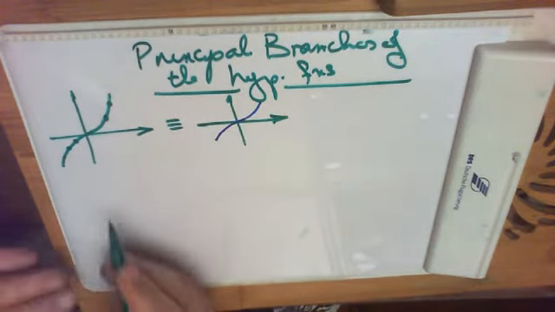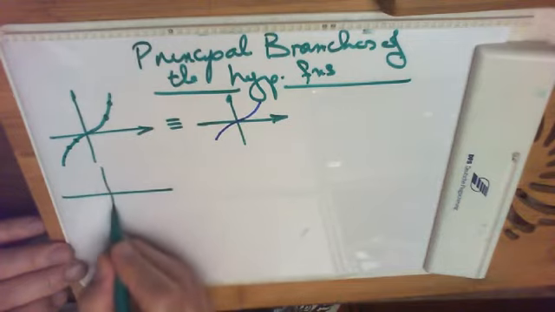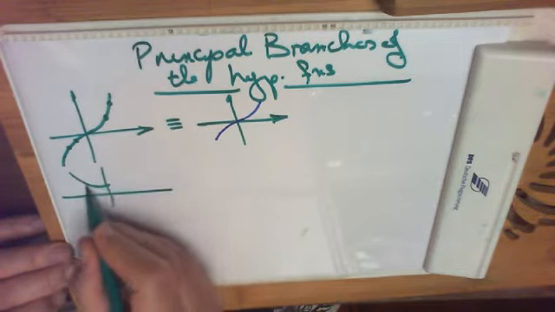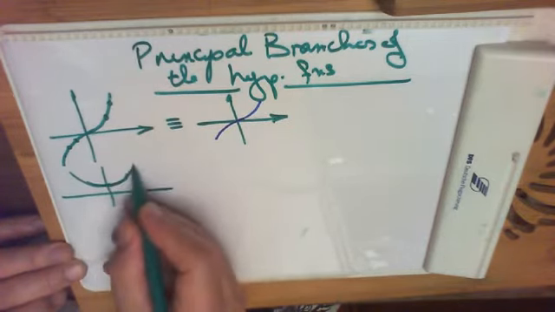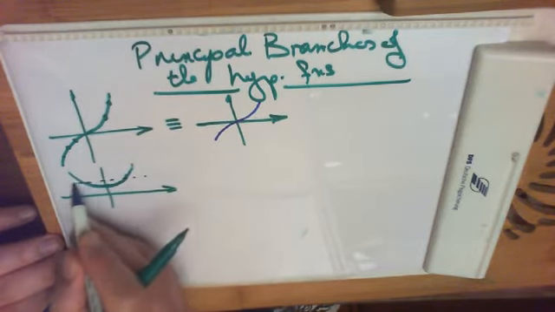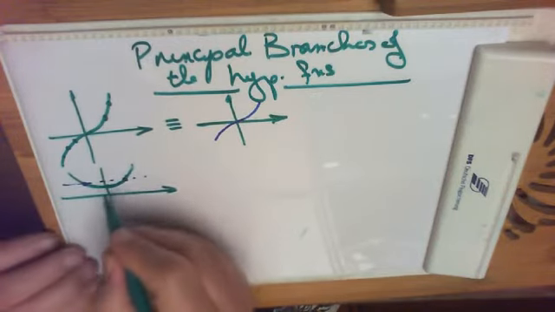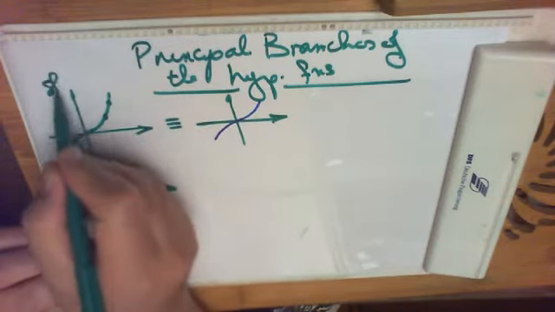For cosine, no, it fails. Why? Any horizontal line will intersect in 2 points. So we consider only one part. This was sine. This is now cosine.